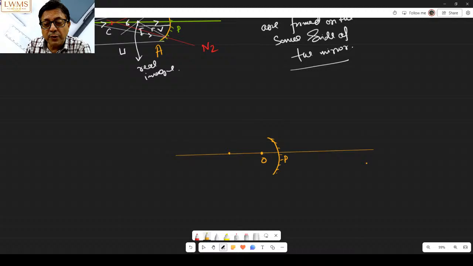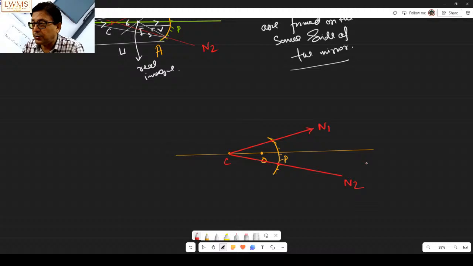So suppose I am taking one point of incidence here, the other one symmetrically here. So you draw the normals. This is one normal, this is the center of curvature. And this is the other normal, CN1, CN2. Clear?